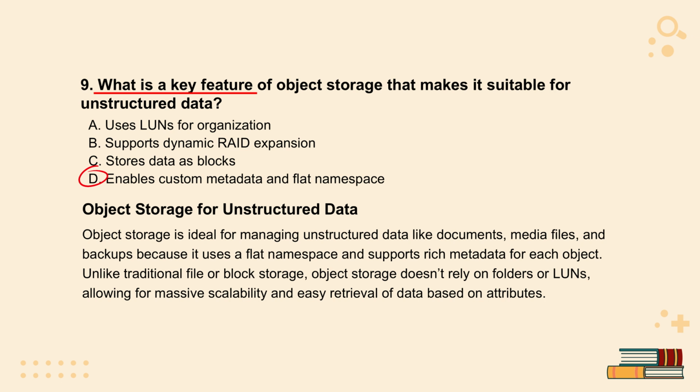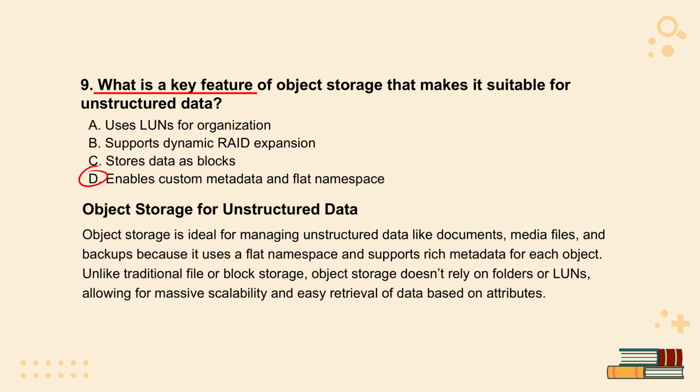We talked about metadata, but that flat namespace part, why is that specifically good for, say, huge libraries of photos or videos? Because you don't have that rigid folder hierarchy anymore. In a flat namespace, every object just lives in one giant pool, identified by a unique ID or key. No navigating through folders. Nope, you access it directly via its key.